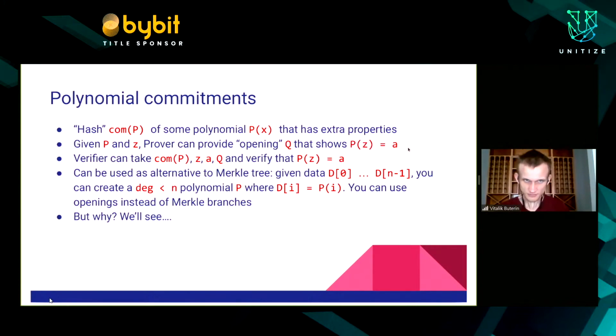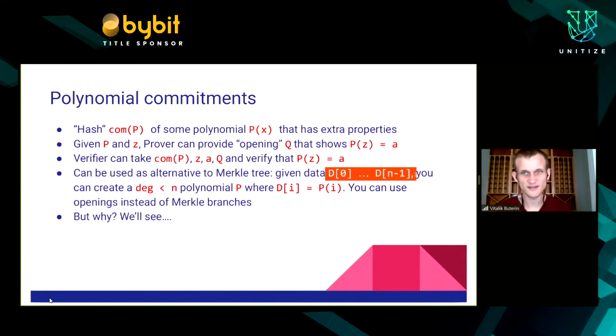So basically, if you have the hash of a polynomial and you have this opening proof and which coordinate you're trying to prove, the verifier can actually verify that the polynomial at that coordinate actually equals that value. So you can use polynomial commitments as an alternative to a Merkle tree, right?